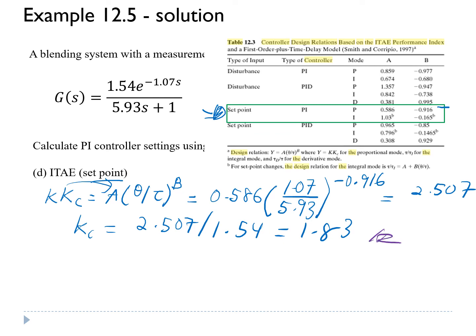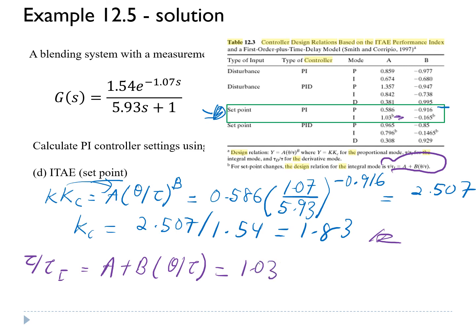Now for tau I, you need to use this relation. So tau over tau I equal A plus B times time delay over tau. Now your A is 1.03 plus minus 0.165, which is the value of your B, times the time delay over tau, which is equal to 1.